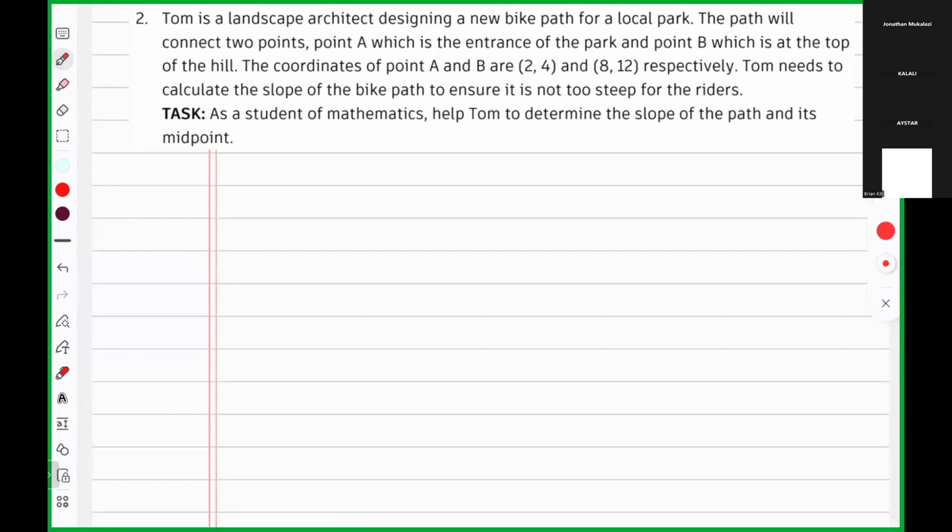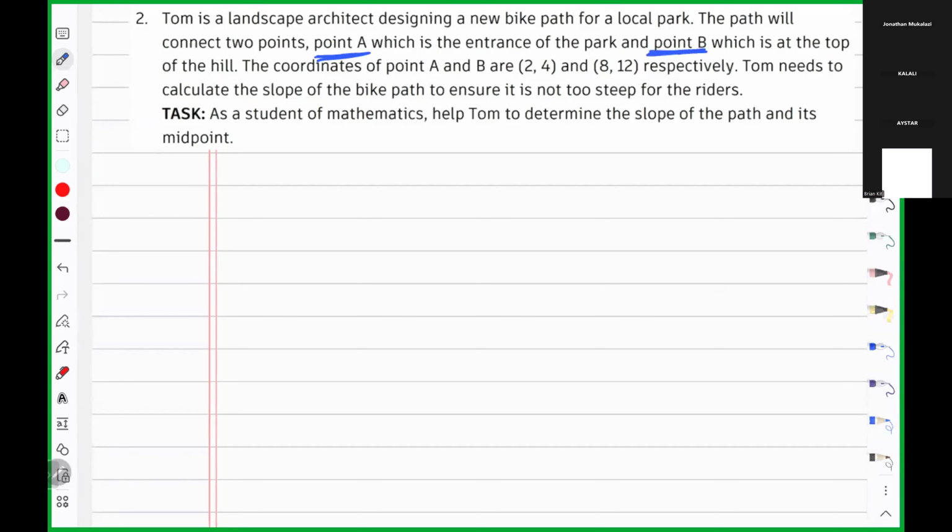Yeah, good morning, everyone. We shall go to question 2, which is still on coordinate geometry, the theme for our seminar today. And it reads, Tom is a landscape architect designing a new bike path for a local park. The path will connect 2 points. Point A, which is the entrance of the park, and point B, which is at the top of the hill.